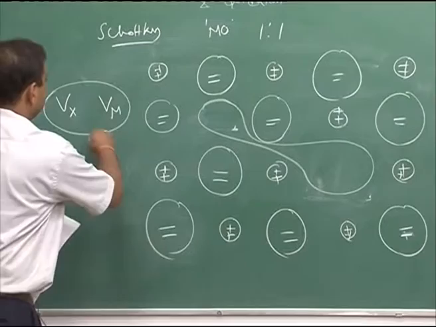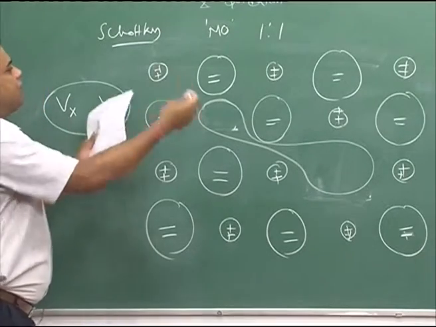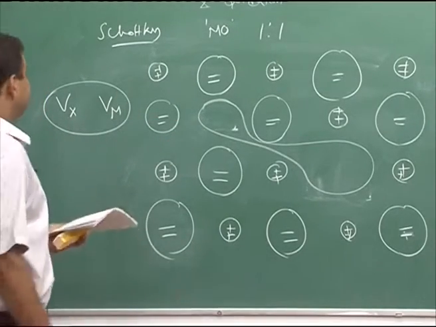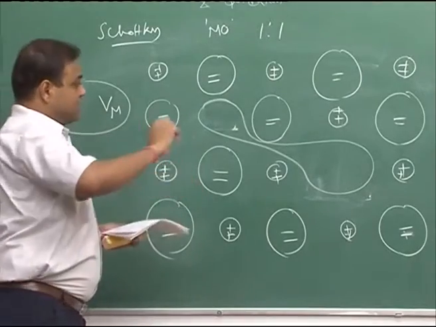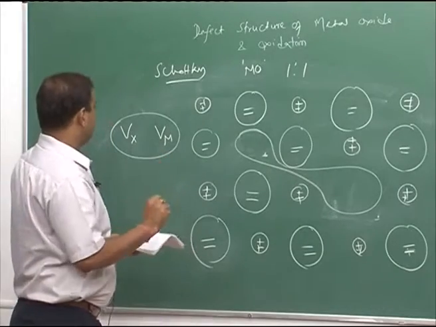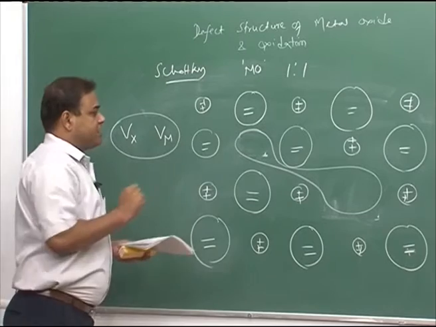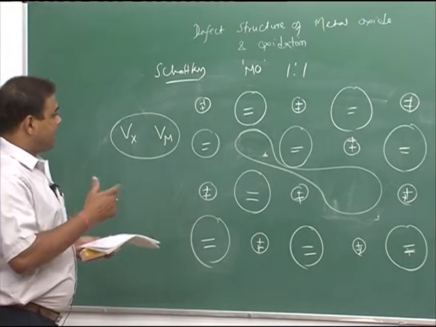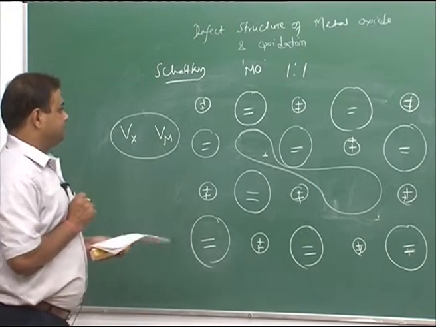At the same time, you see that overall electroneutrality is also maintained. This is Schottky defect, which means an equivalent amount of metal cation and anion are missing.